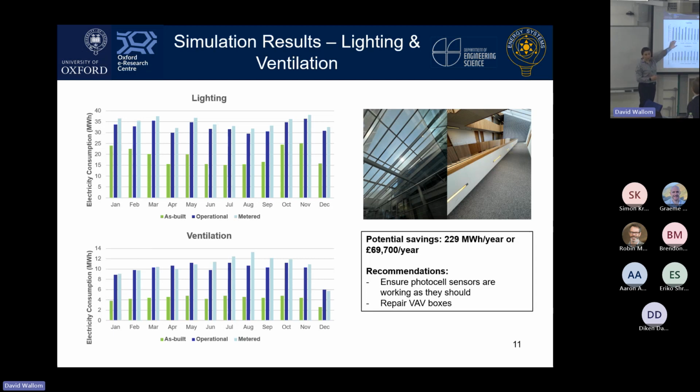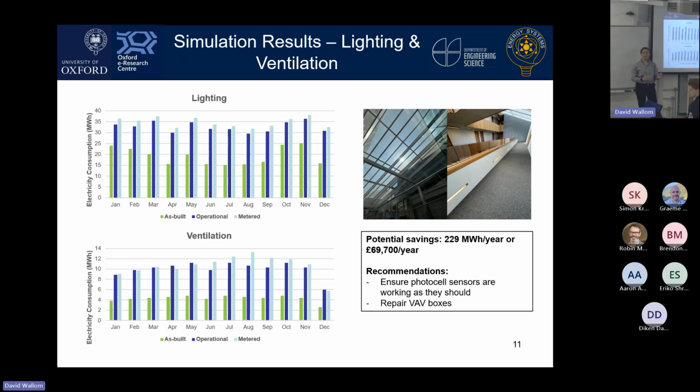Dark blue is the operational digital twin, so aiming at reflecting the current operations. And light blue, the metered consumption, so the real consumption of the building. Every time the dark blue and light blue, the goal was to make them as close as possible for calibration purposes. And as you can see, lighting, there's almost a 30% reduction in consumption comparing the as-built and operational.